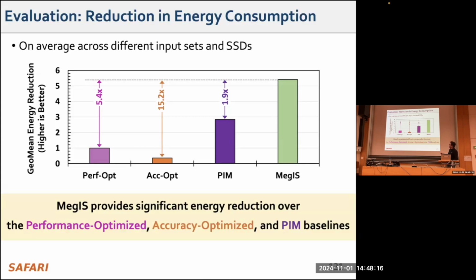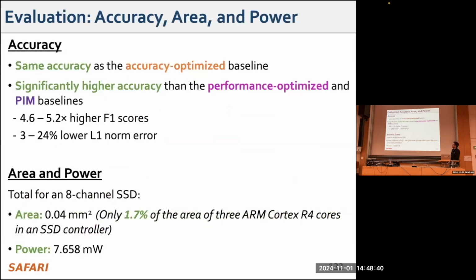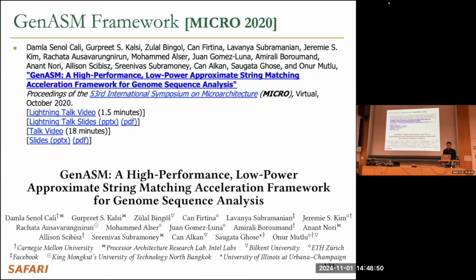Here, since you minimize the data movement, you reduce the energy consumption, because PIM usually requires higher power consumption than simply the SSD. So by relying on the SSD and the computations inside the SSD, you can also reduce the overall energy consumption compared to PIM. There are, of course, many other analyses, so if you're interested, you can take a look at the Megis paper. So yeah, this is Megis.